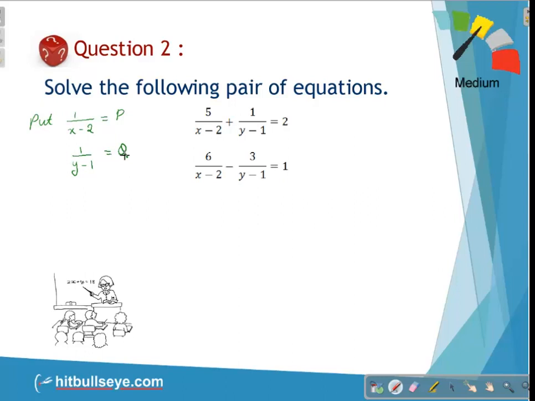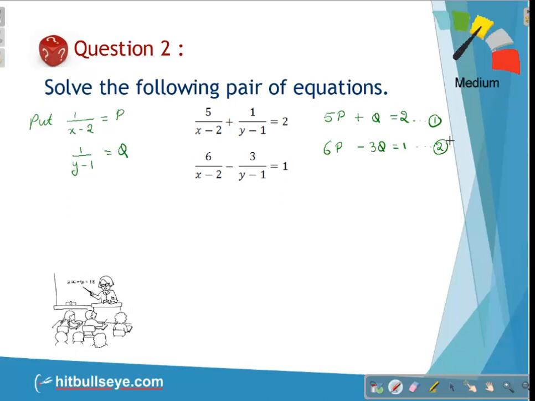Now I will replace these values of p and q in the given equation to make my new equations as 5 times p plus q is equal to 2, which becomes my first equation, and 6 times p minus 3 times q equals 1, my second equation.